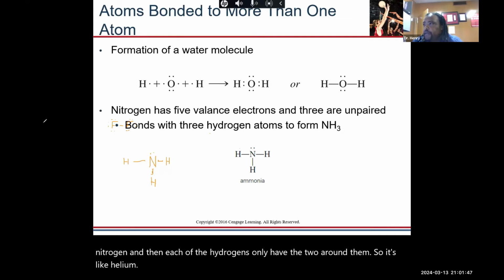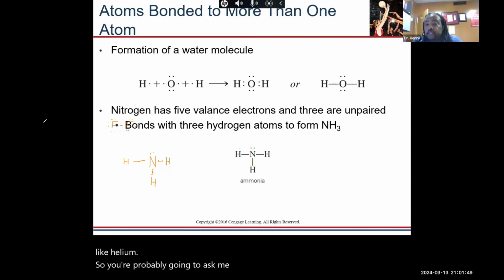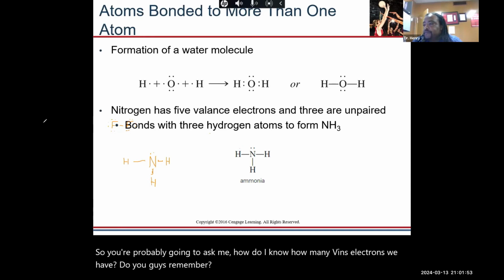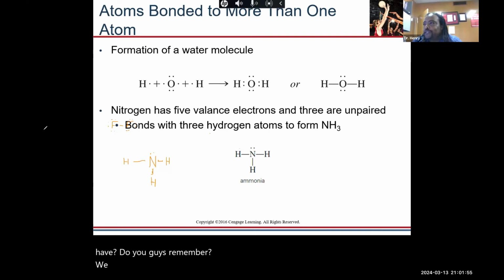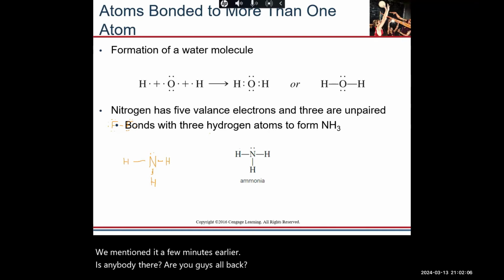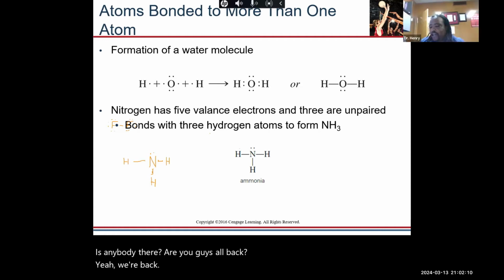So you're probably going to ask me, how do I know how many valence electrons we have? You guys remember? We mentioned it a few minutes earlier. Is anybody there? Are you guys all back? Yeah, we're back. Were we asking about the valence electrons? Yes. So how do you know how many valence electrons you have?